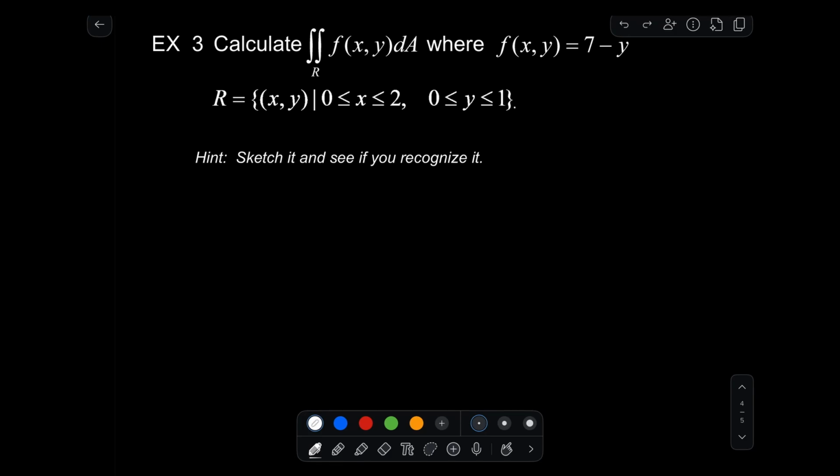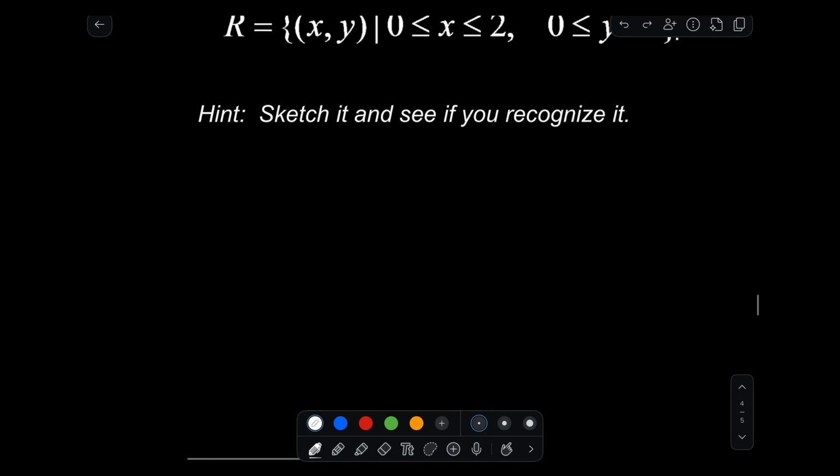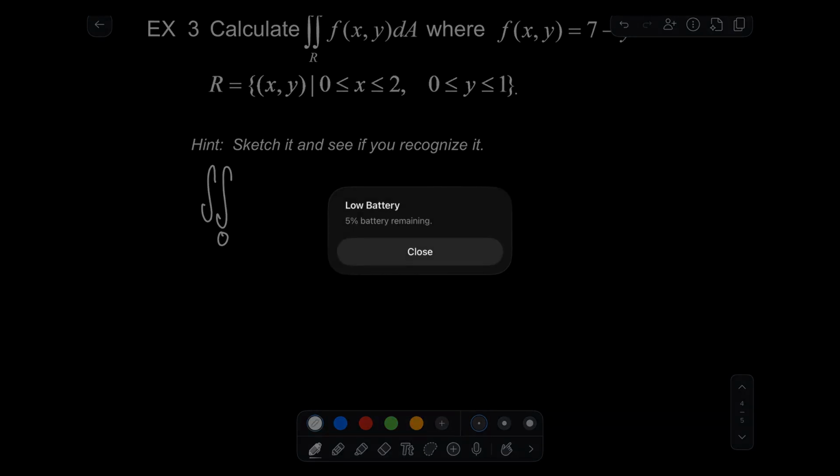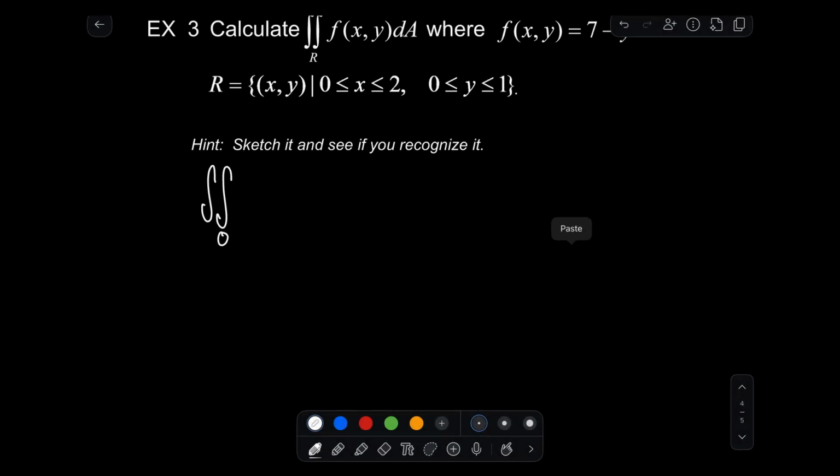So let's see, we have 0 to 2, 0 to 1 of 7 minus y dx dy.